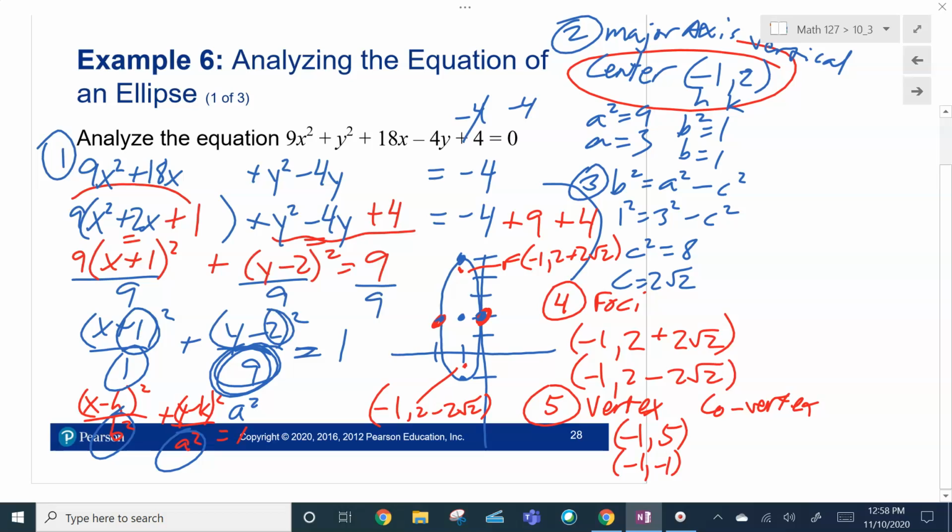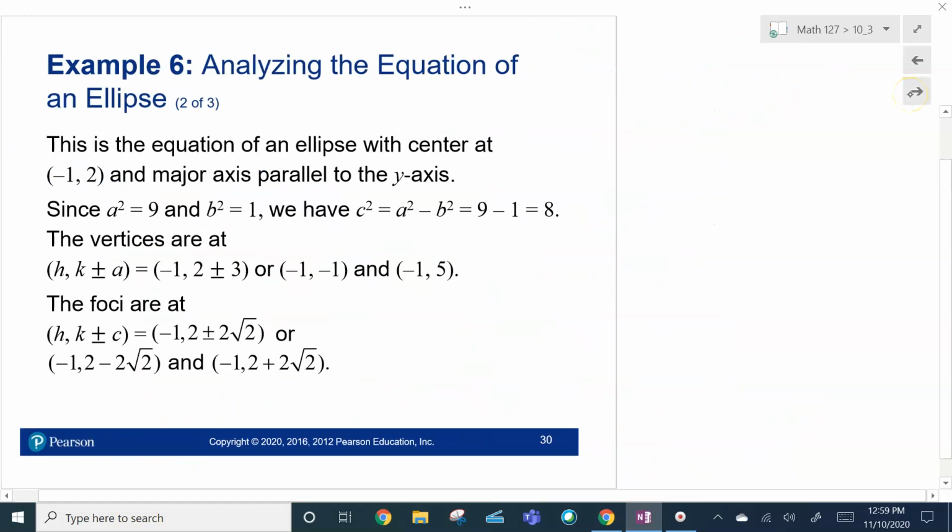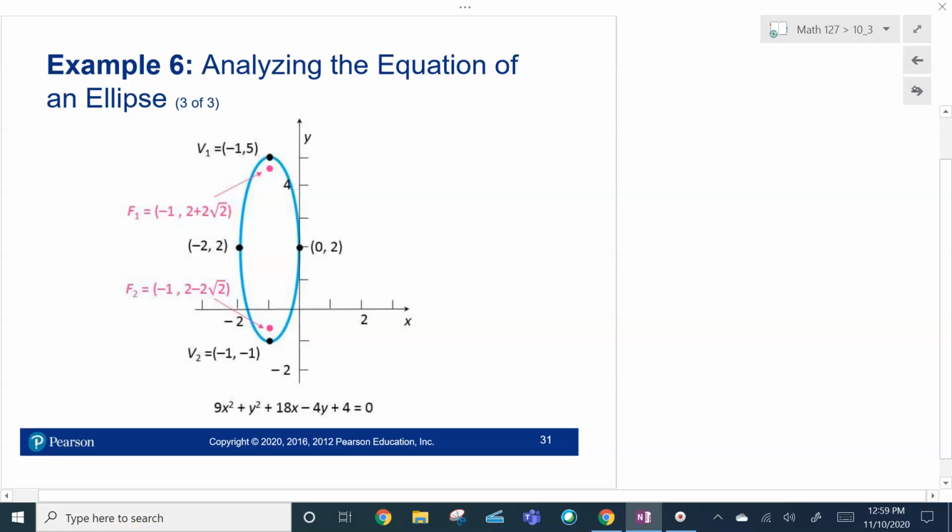So I got -2, 2, and I got 0, 2 for my co-vertex on that. And it looks like I got everything labeled. Beautiful. So that's how you analyze the equation when you have to complete the square first, right? But you're going through all that same process there. There's a little better look at it, a little nicer picture.